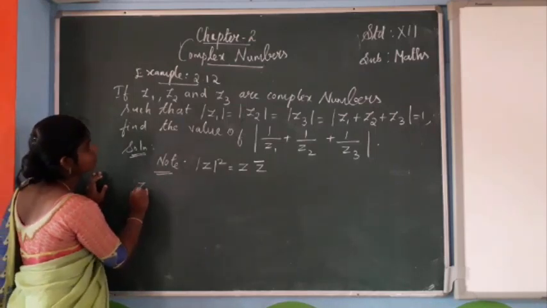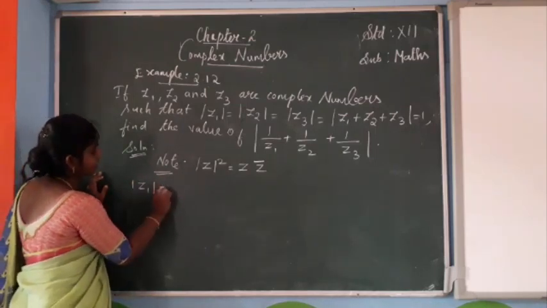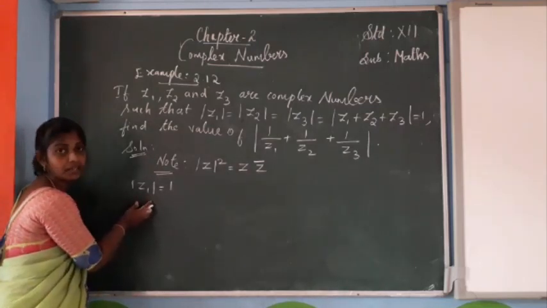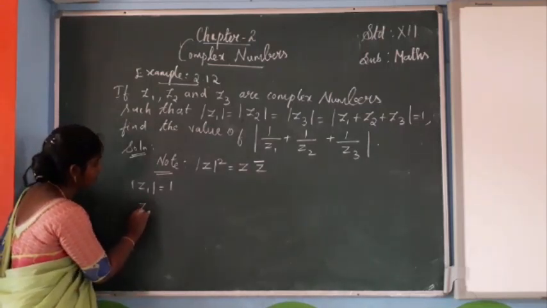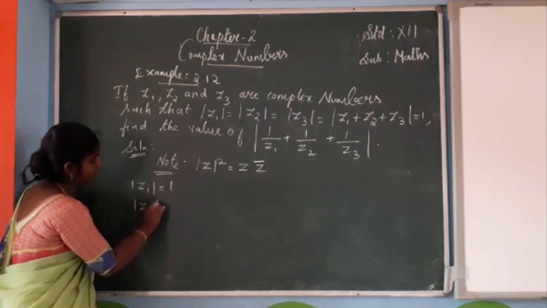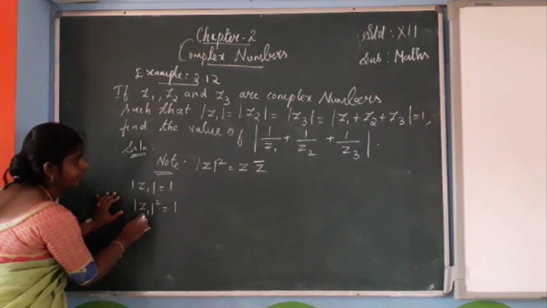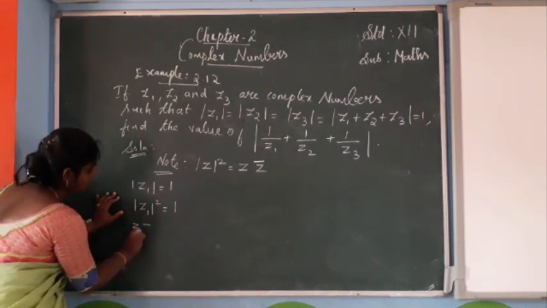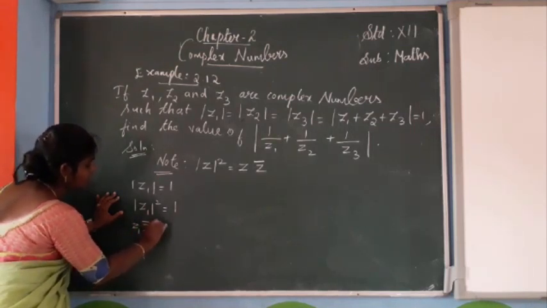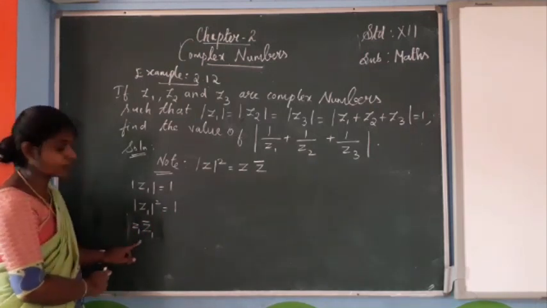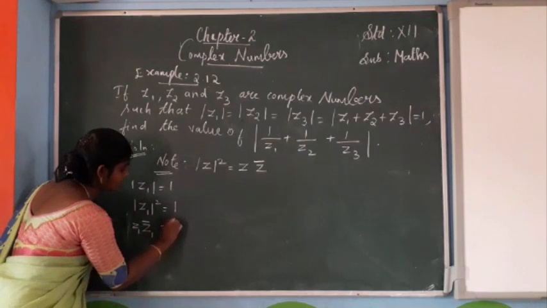Okay, so modulus Z1 is equal to 1. We can square this term, so modulus Z1 the whole square is equal to 1. So we can write Z1 into Z1 bar is equal to 1.